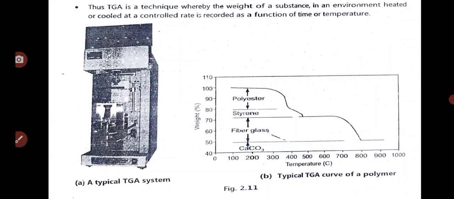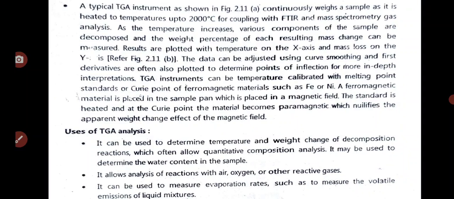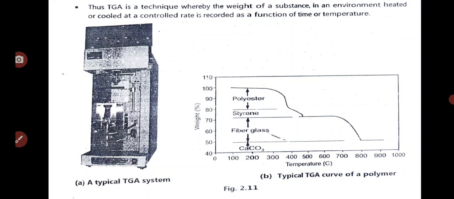So according to this system, that is a typical thermogravimetric system, the weight of a substance in an environment is heated or cooled at a controlled rate and recorded as a function of time. In figure A, this is the system of this characterization technique, and figure B shows the graphical nature of the thermal gravimetric analysis curve of the polymer.